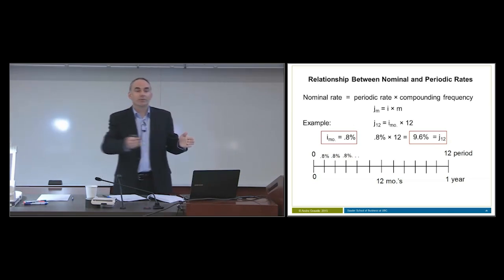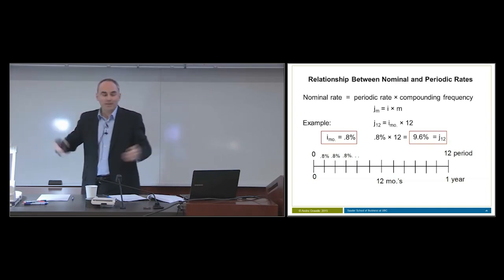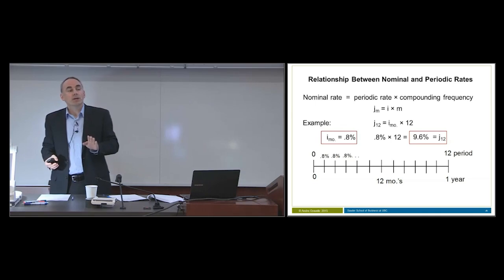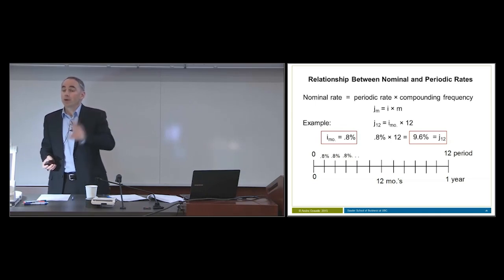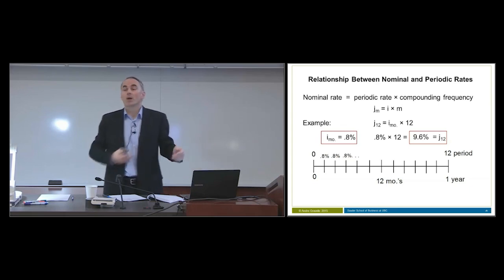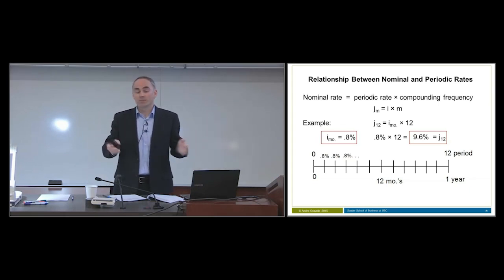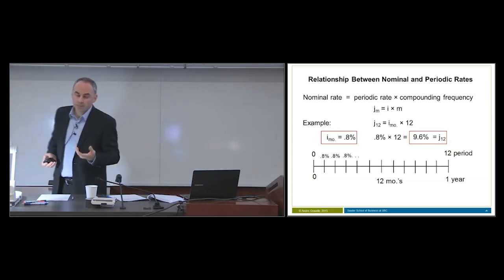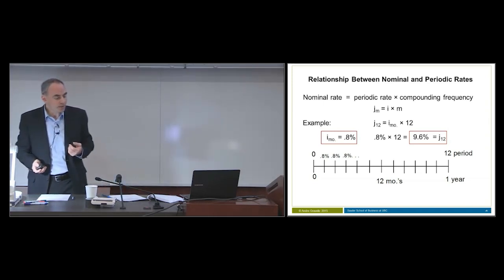If we added up all those 0.8%, we'd get 9.6% for the year. So this is the relationship between periodic rates and nominal rates. The nominal rate, the rate for the whole year, is equal to the periodic rate multiplied by the number of periods in the year. In this case, we're using months, so it's 12. But it could be different. You don't have to use months. We could use different time frames. So let's look at some examples.